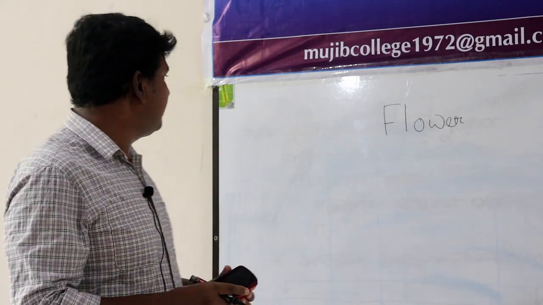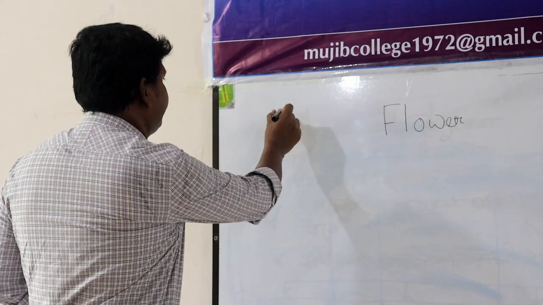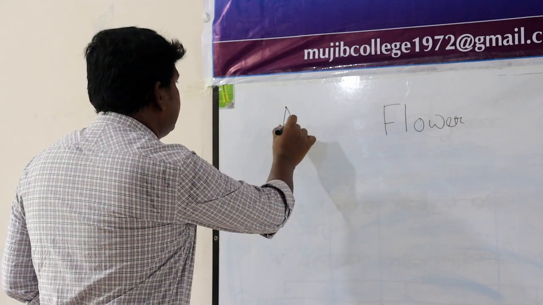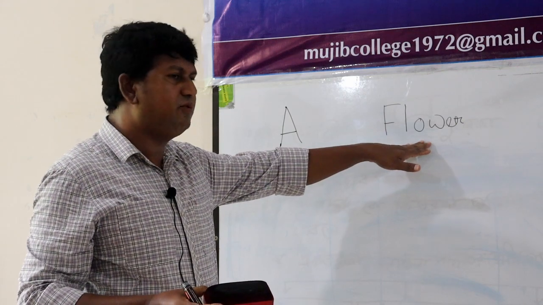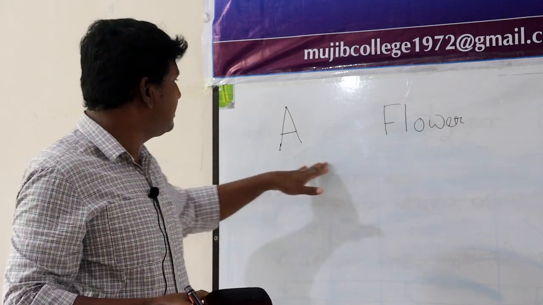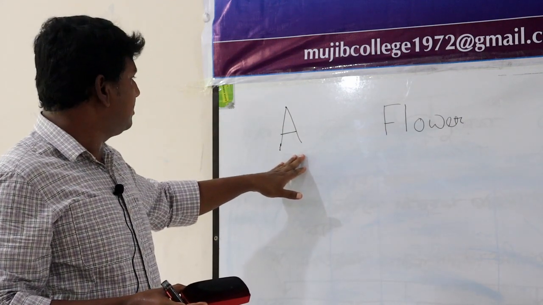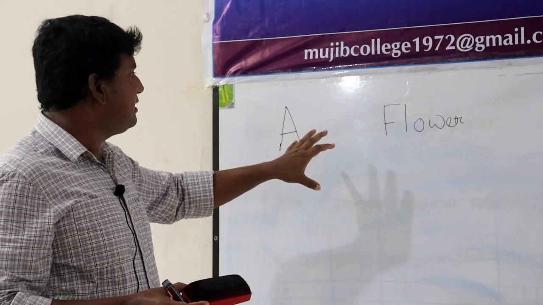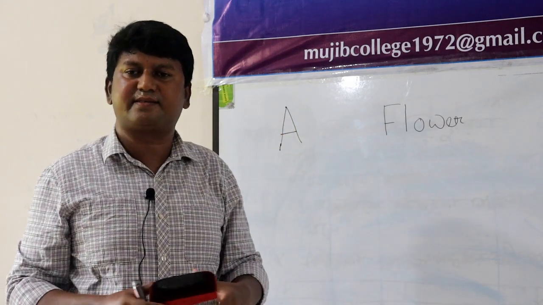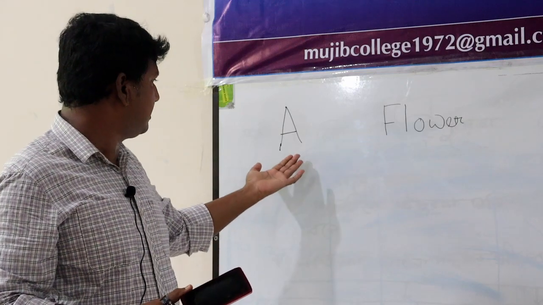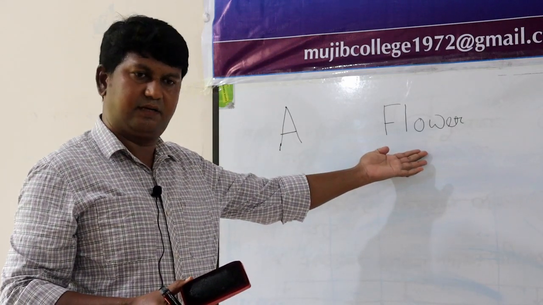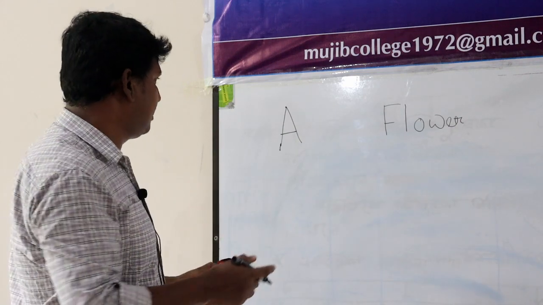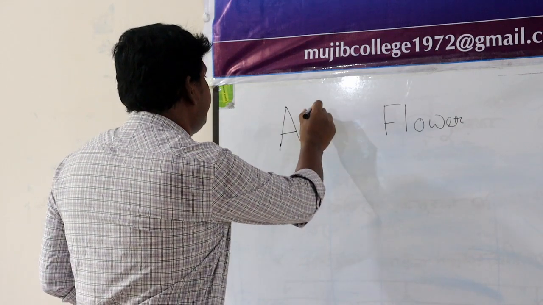Okay? Let me add an article before the word flower. Now look. Previously, it was only the word flower. But now it is a flower. So look, a flower and only flower are not the same thing. So this particular article a definitely modifies the word flower. Okay, let me add another word before this word: beautiful.